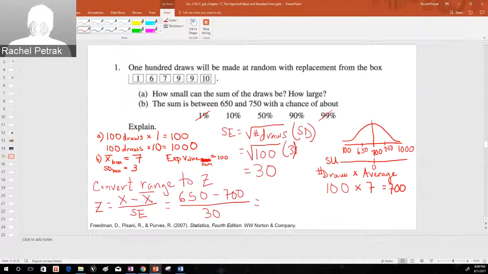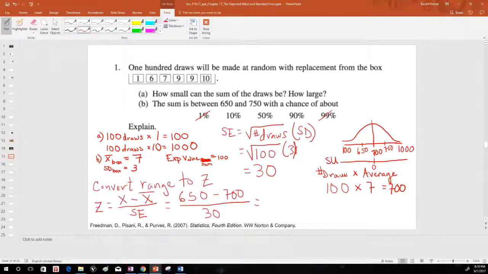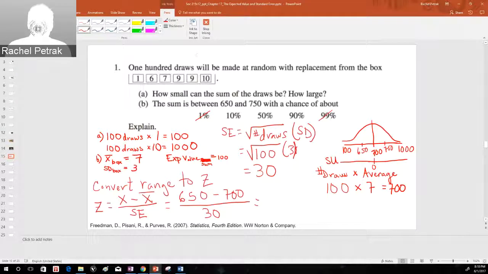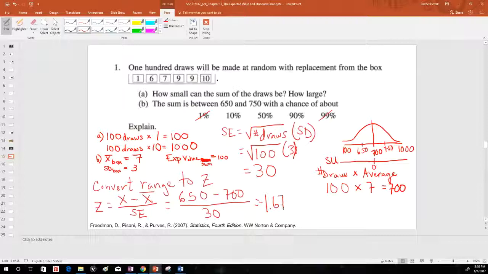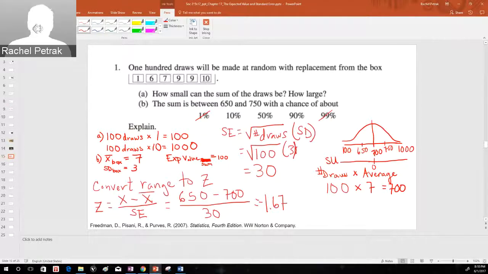So the z-score for 650 is negative 1.67. And if we find the z-score for 750, you should already be able to tell that it's going to be a positive 1.67. How can you tell?